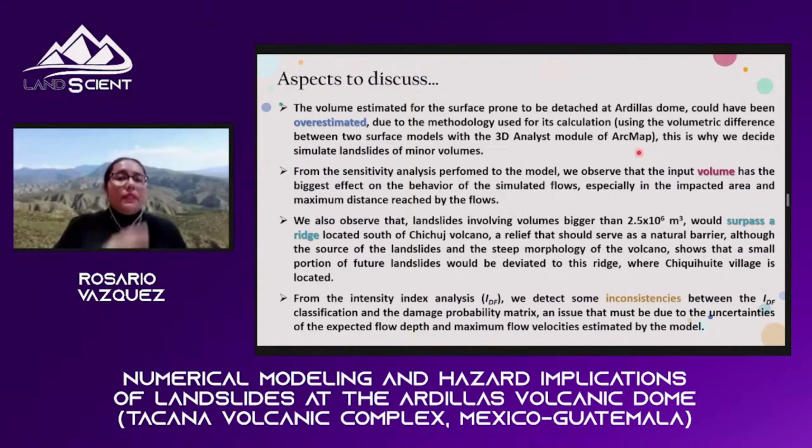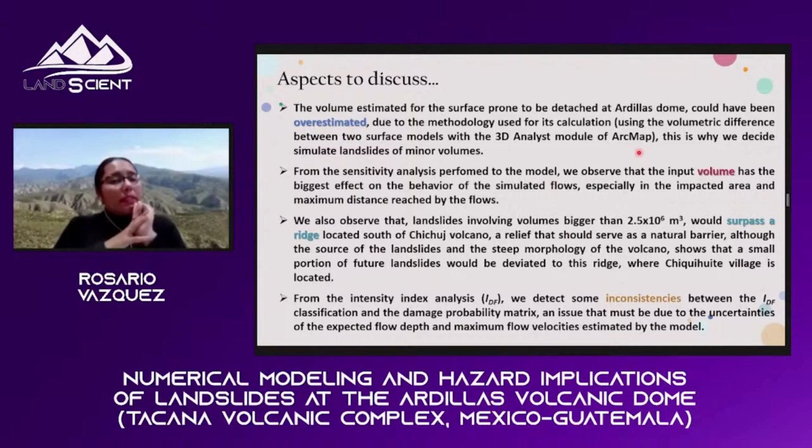So this surface could have been not placed in the right place to estimate the volume at top of this surface. So we are aware that probably we overestimated this volume. So this is why actually we decided to simulate landslides of minor volumes with a minor volume of material involved.